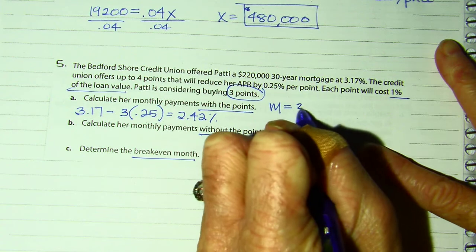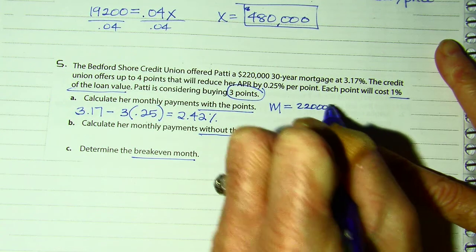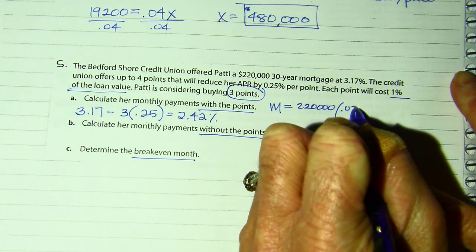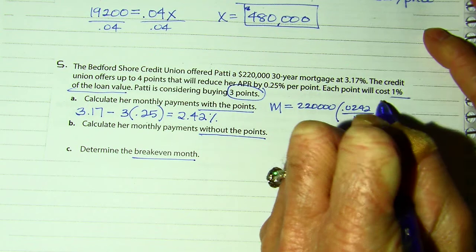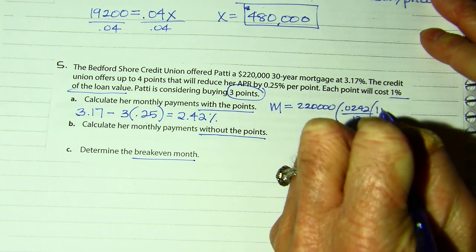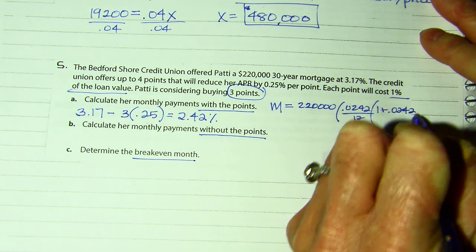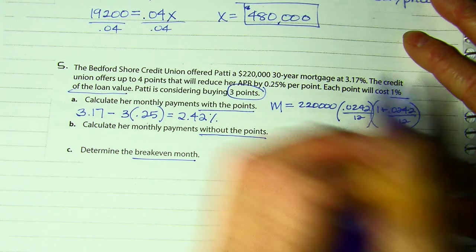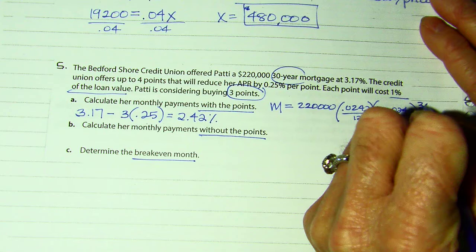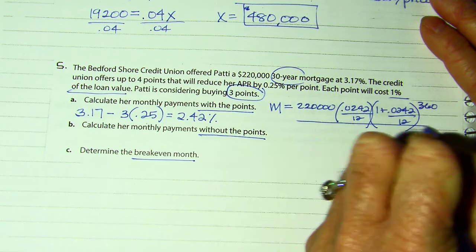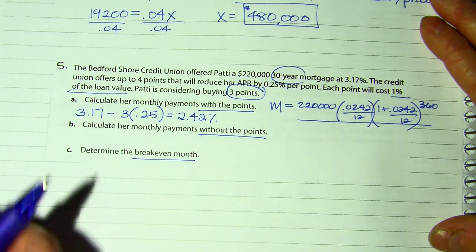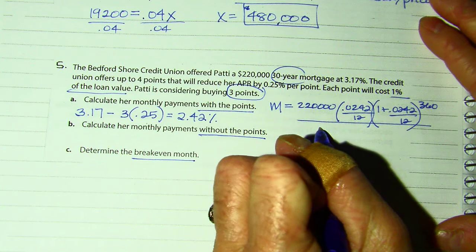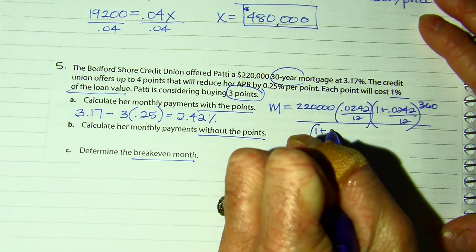It's the 220 times 0.0242 divided by 12 times 1 plus, right? I've written this formula a million times, so if you're even watching or care, this is 360, you will know the formula. And so I'm simply going to put what I get for part A because I don't want to write this formula a million times.